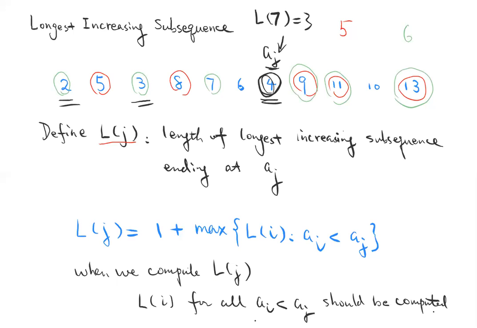That's a key requirement. Otherwise, there will be overlapping problems, so that we lose efficiency. So how can we ensure we compute Lj in such a way that this key requirement is satisfied?